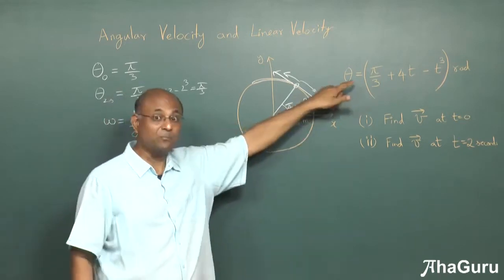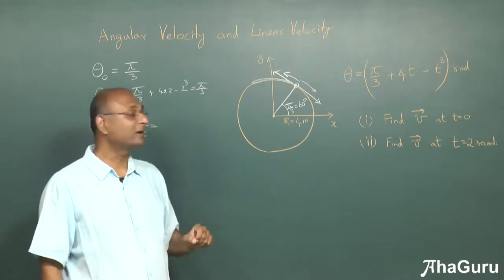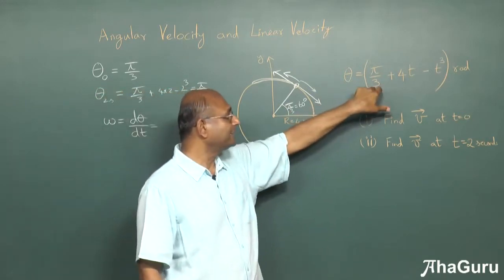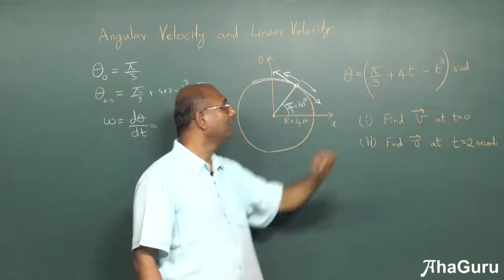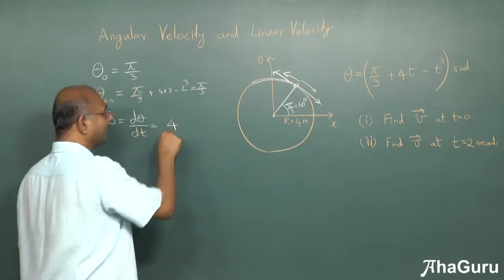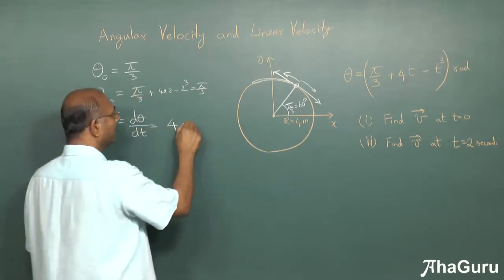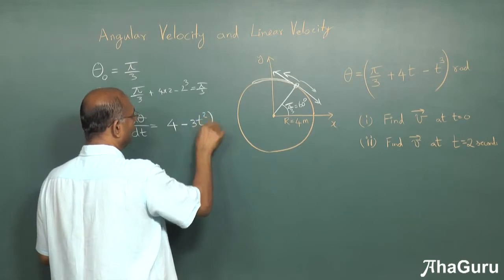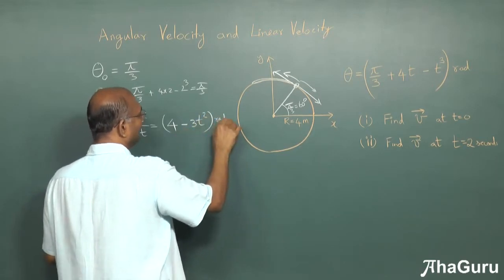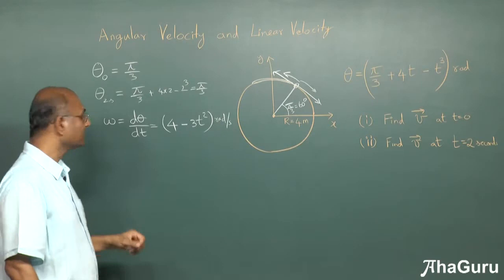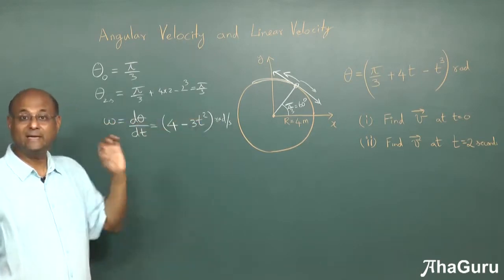It matters for angular position. It doesn't matter for angular displacement and velocity. So this part will go away, and 4t differentiated is 4, minus 3t square, radians per second. Clear? This is the angular velocity at any time.